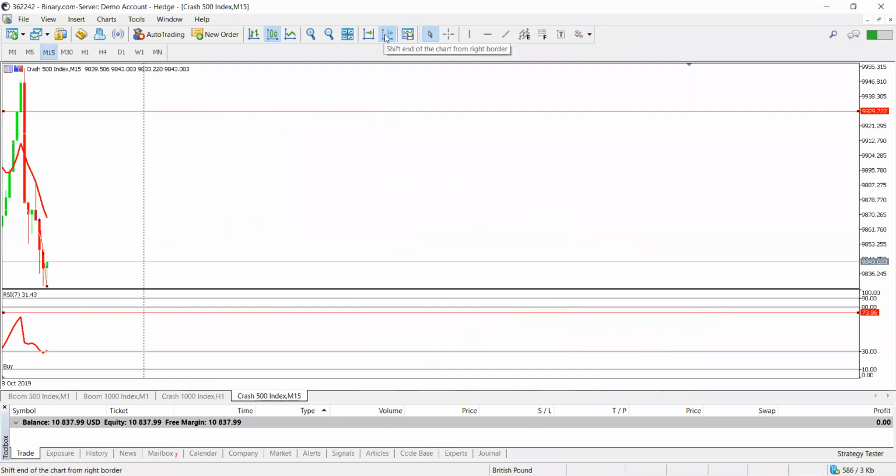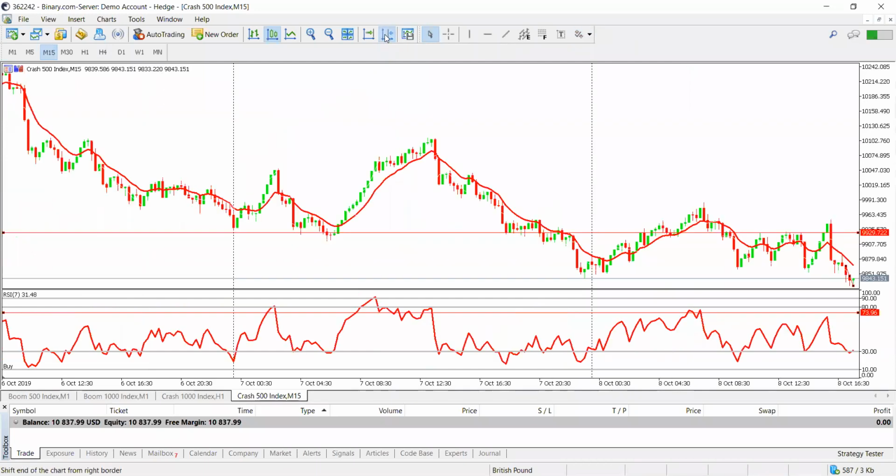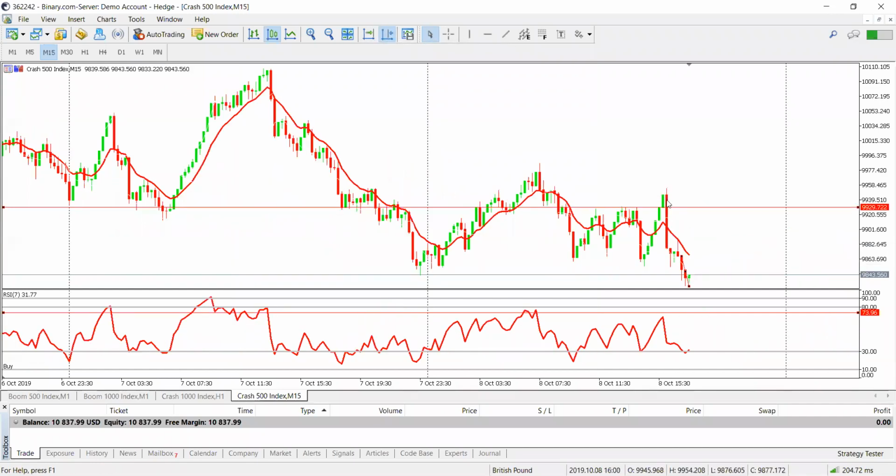The breakouts. The breakout would be a place where there are impulse moves like this one, and then a reversal, and then an impulse move, and then a break, a consolidation. Like right now, we were in a consolidation.